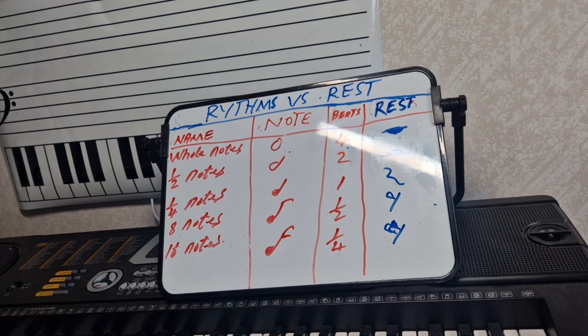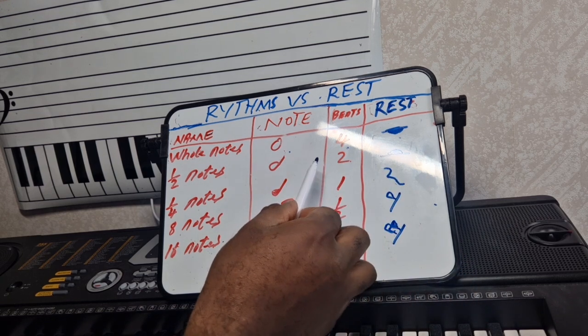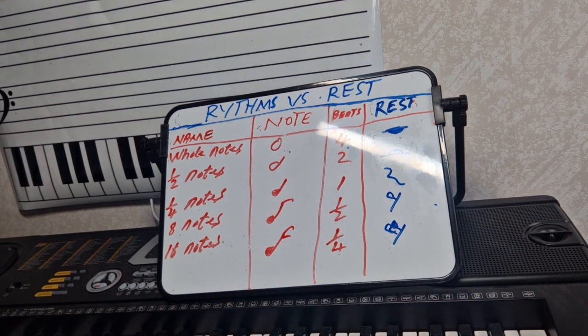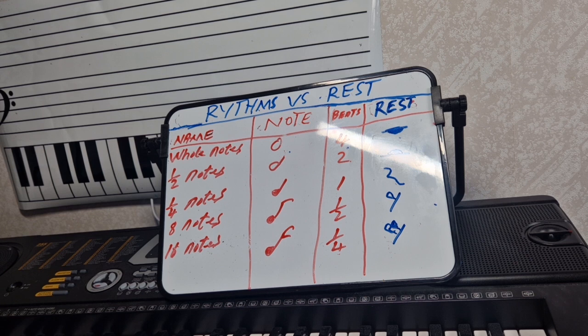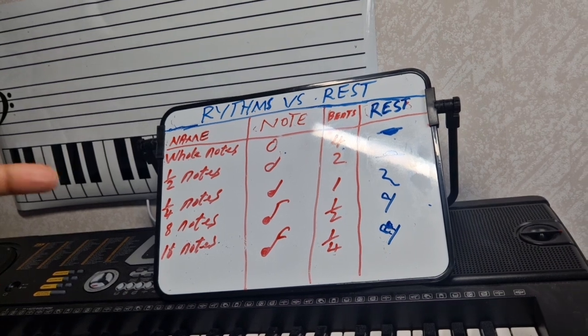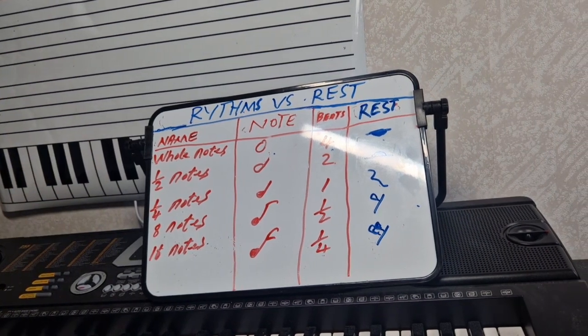If you are asked to play a whole note rest, it means you should be silent. The duration of silence should be equivalent to the beat duration of that note, right? Now, let's see how we can test this. But before we move forward, I would like you to take note of these symbols, all right?